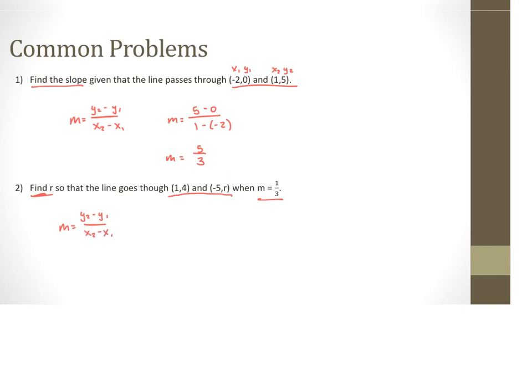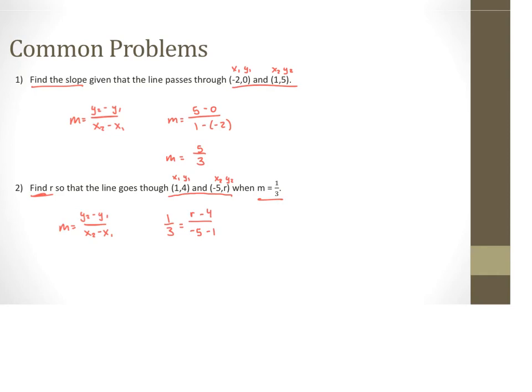So I'm going to go and label my points, reduce my error. This is still x1, y1, this is still x2, and r is my y2. And then of course m is 1/3. So now I'm just going to take all these pieces and plug them into my equation. So I have 1/3 is equal to r minus 4 over negative 5 minus 1.